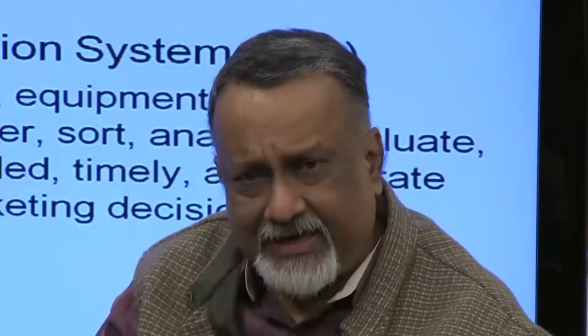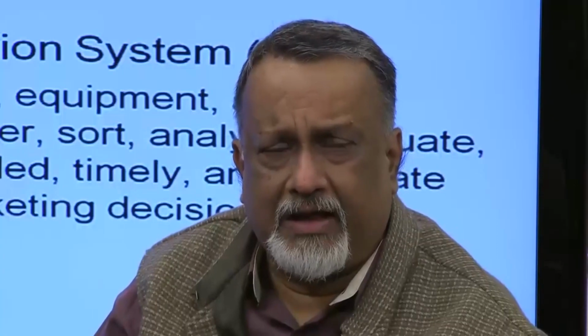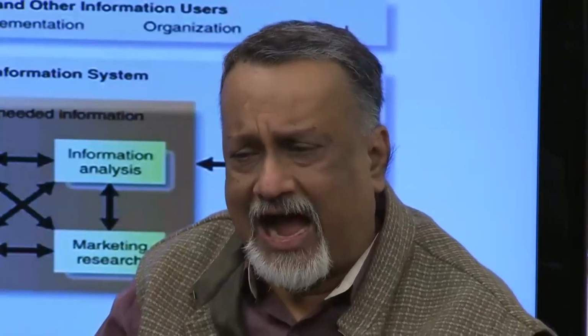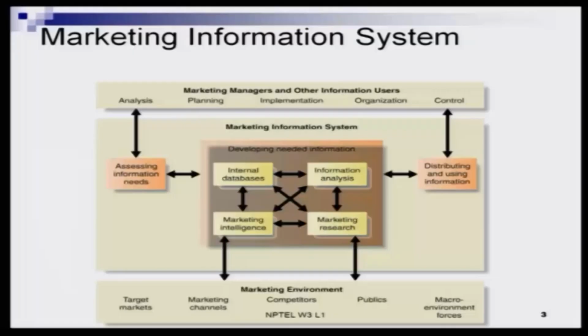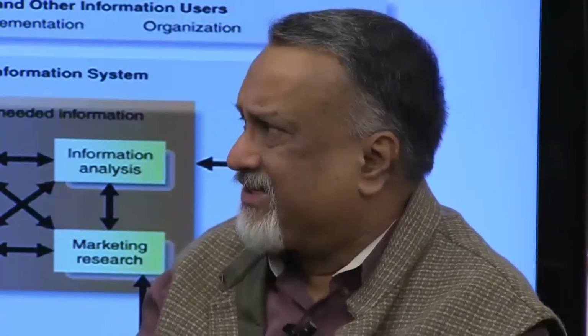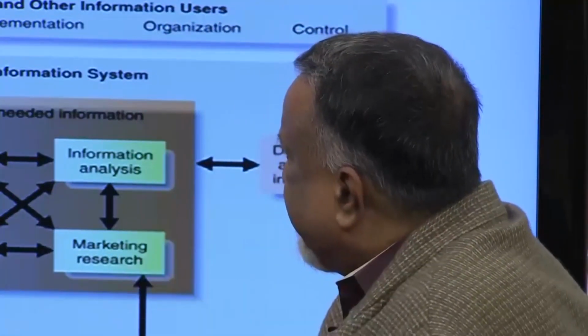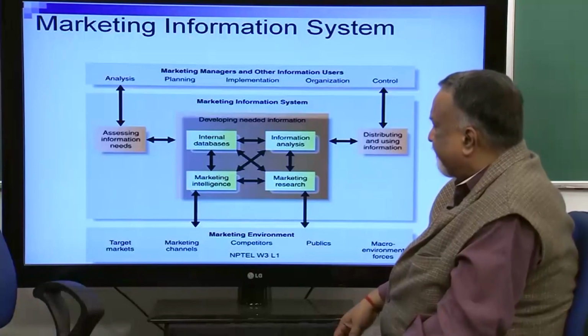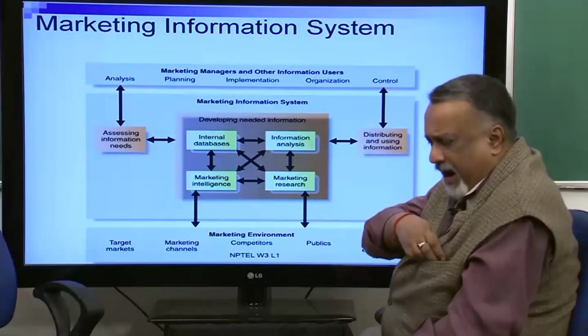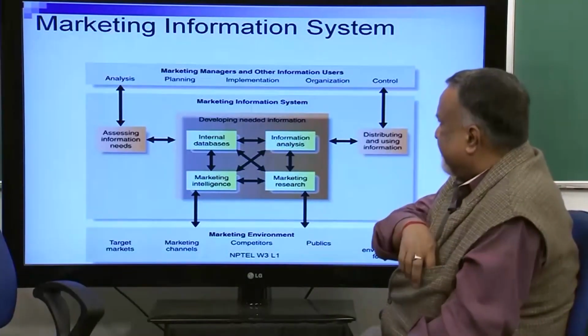So, the next few view graphs are regarding marketing information system, which as I said, really should be renamed as marketing information and knowledge system. And this diagram, which is a very traditional diagram, can be seen in many textbooks, and shows the different parts of such a system.